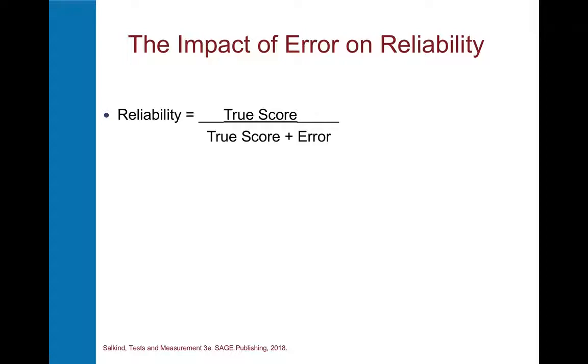As the error component gets smaller, reliability increases, as you can see how this works in this equation over here. As the denominator in this equation gets smaller, the result of this equation, which is reliability, becomes larger. So our job is to create an instrument that reduces the sources of error as much as possible.